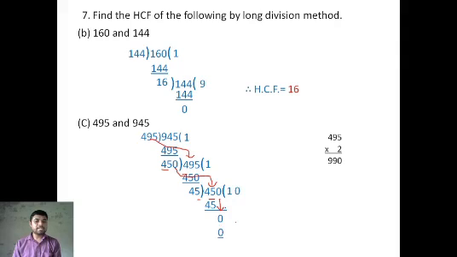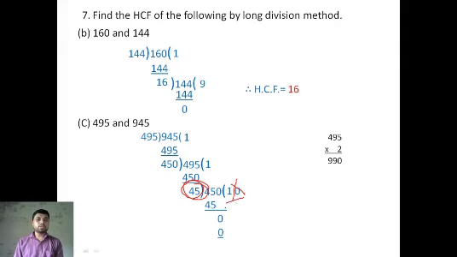Is it clear? So my dear students, which will be the HCF? 45 will be the HCF, not 10. Please keep in mind, 45 will be the HCF. Here you are not asked for the quotient, so you don't write it.